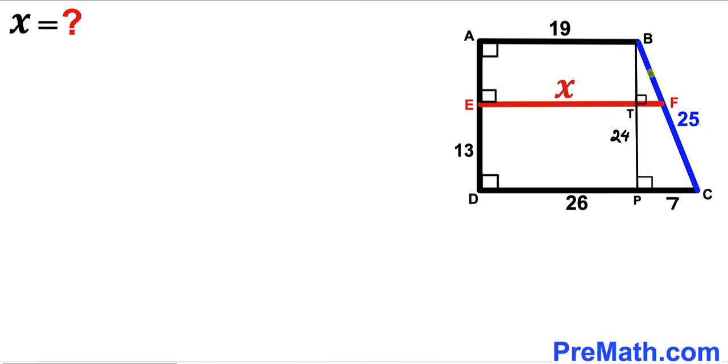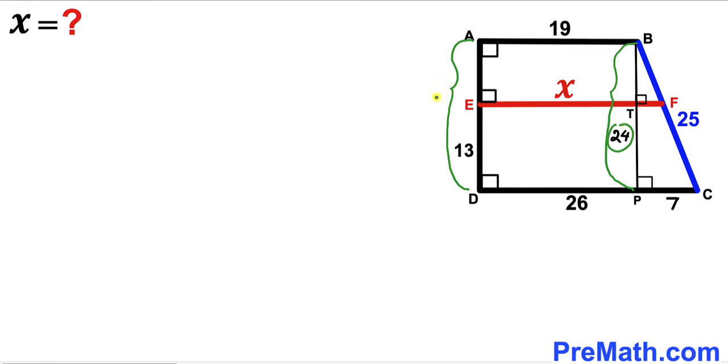Now let's make an observation. We can see that this angle BTF is going to be a 90-degree angle as well. Now let's make an observation. We can see that this whole side AD is going to be equal to this side BP, and we know our BP length is 24.